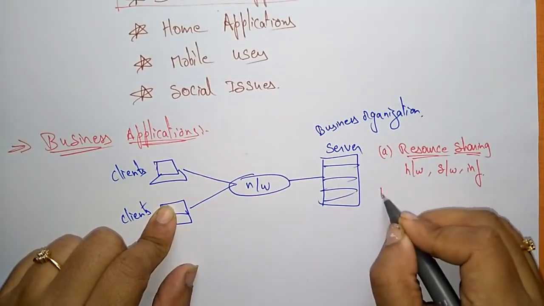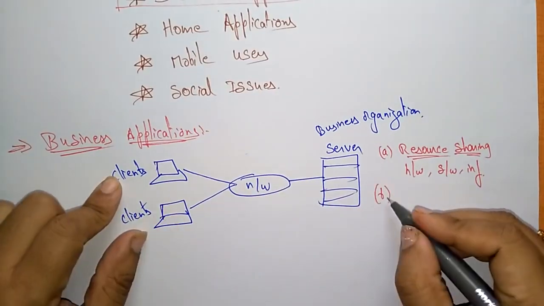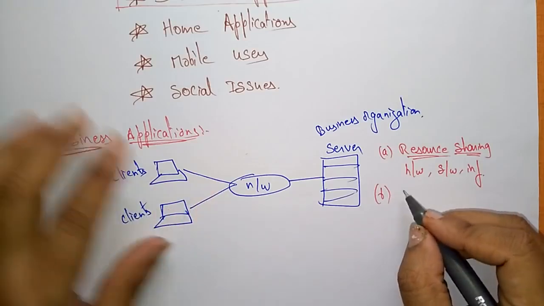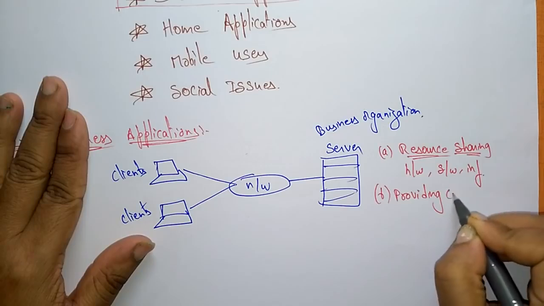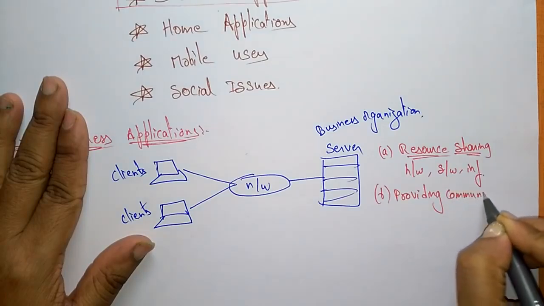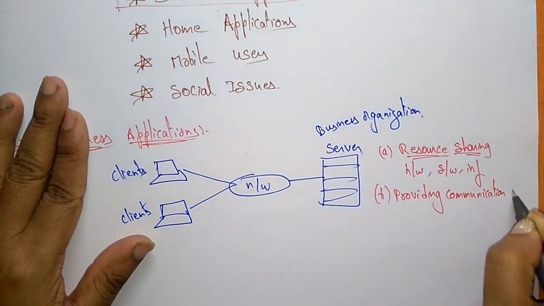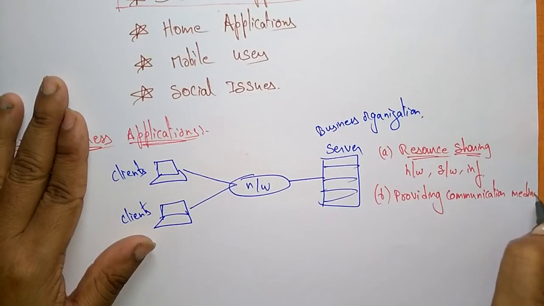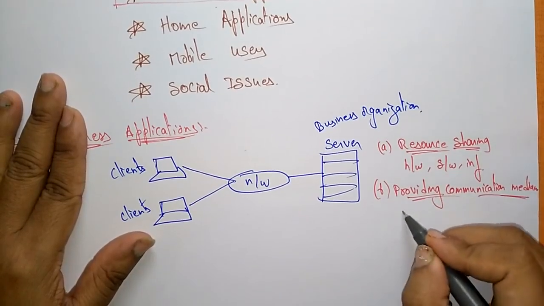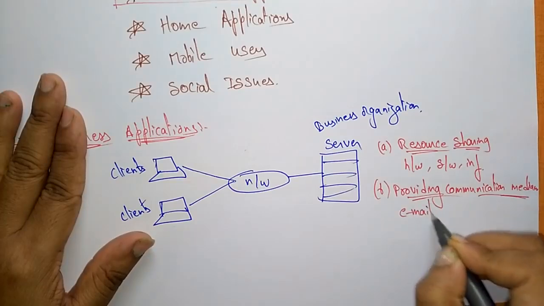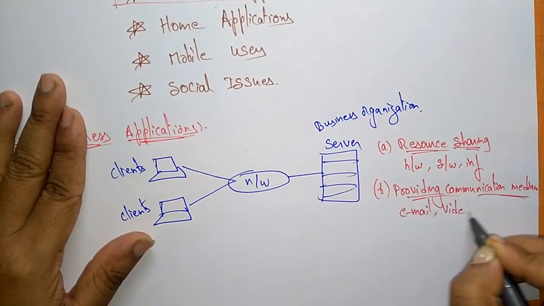And next, in this business application, we are also providing communication media with the help of the network. What type of communication media are they providing? They are providing email and video conferencing.